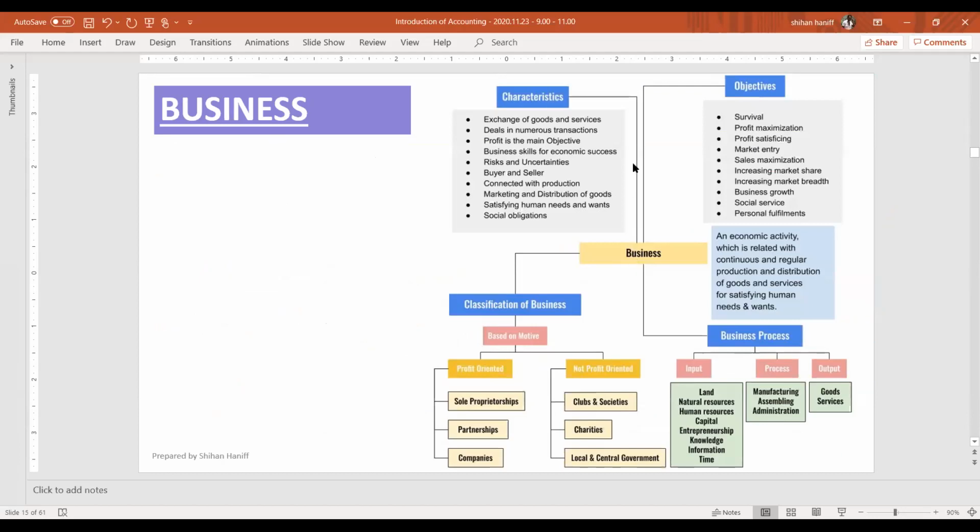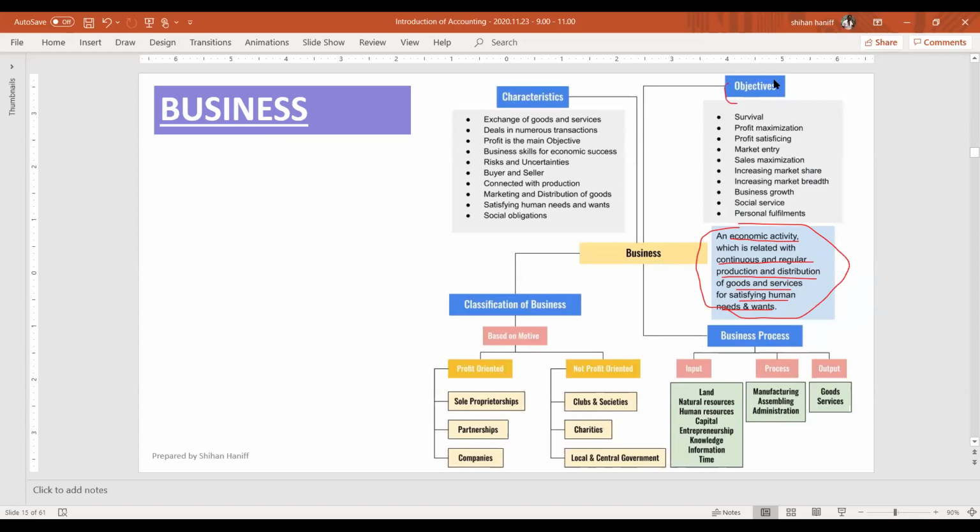So this is the definition for the business. It is an economic activity. We learned what economic is: limited resources, unlimited wants. It is related with continuous and regular production and distribution of goods and services for satisfying needs and wants. The fancy shop satisfies needs and wants and earns profits.